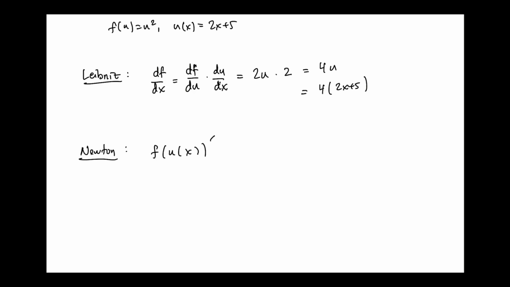So what is the derivative of function composition? It's the derivative of the outer one with the inner one plugged in, times the derivative of the inner one. Okay, so let's think about why these two things are equivalent. They sure look different.